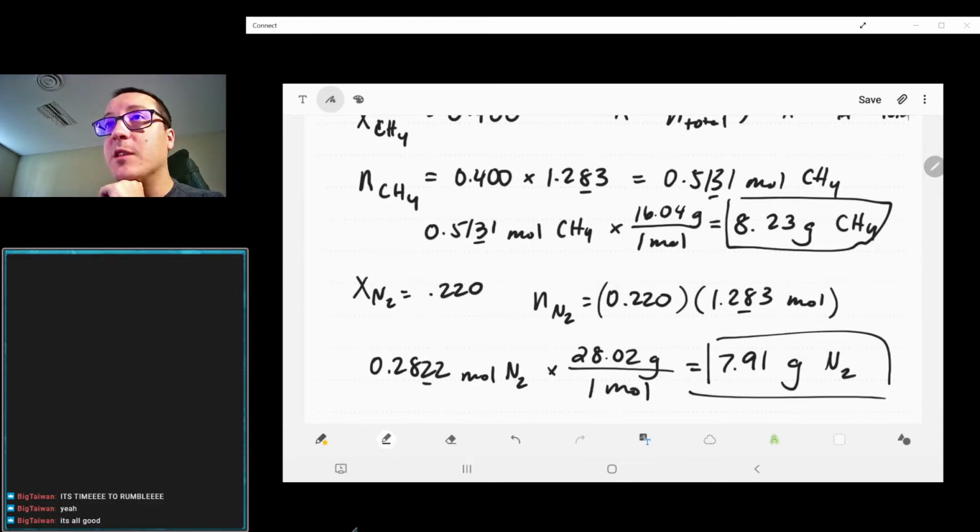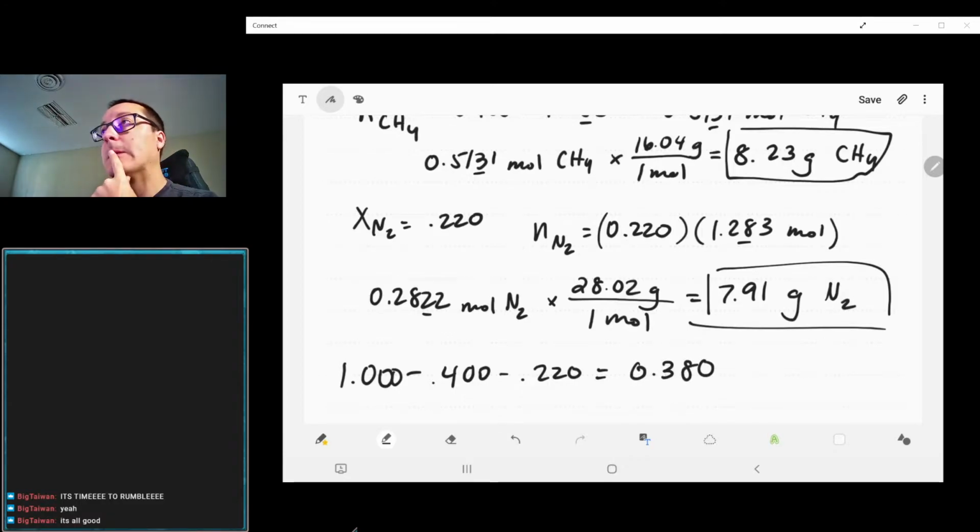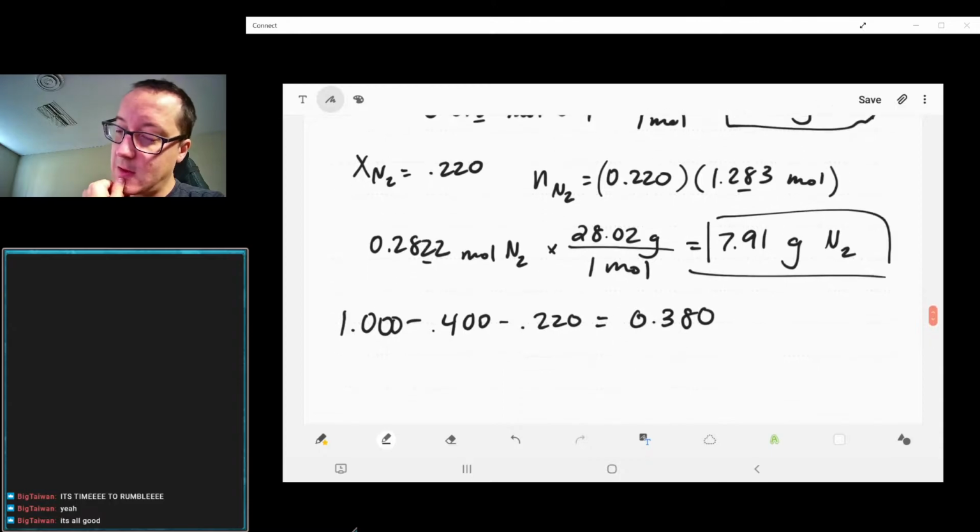And then the last one, the water, we haven't figured it out. So we need to do 1 minus 0.4 minus 0.2. So the water will be 0.38. It's just everything that's left, right? 100 minus 40% minus 22% is 38%. I hope. Yeah, that should be right.